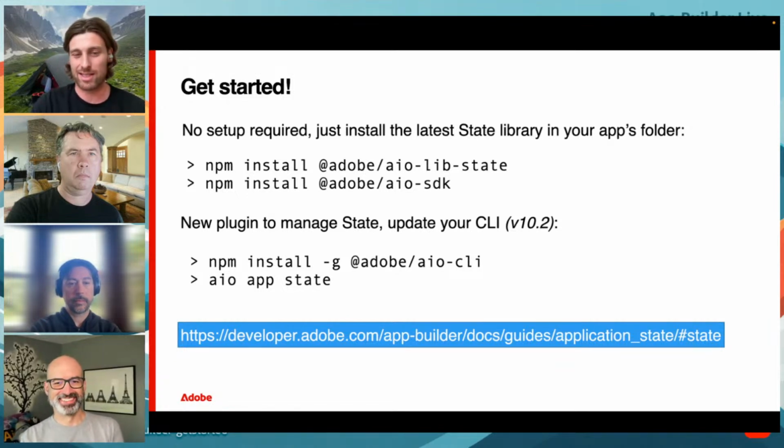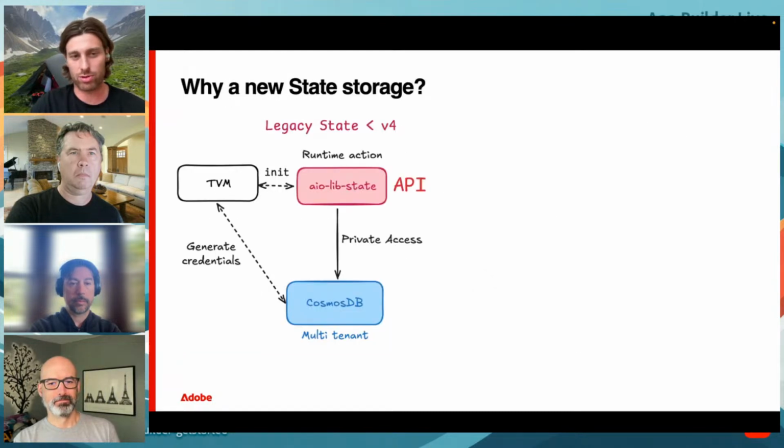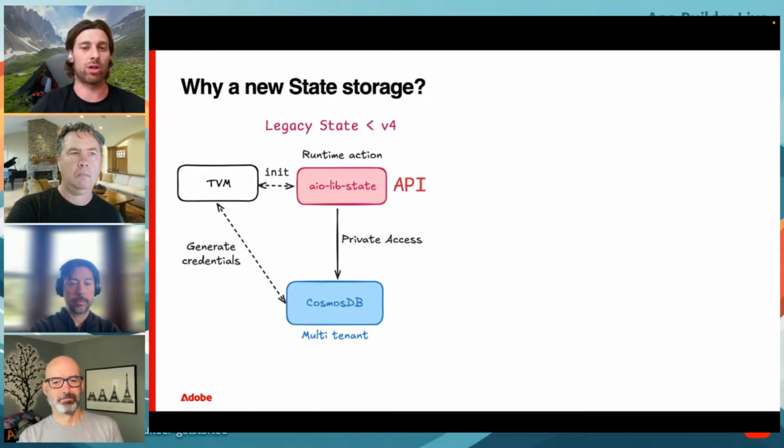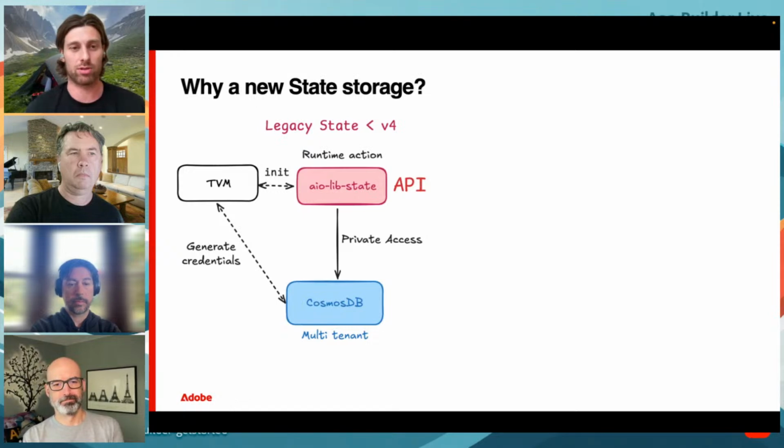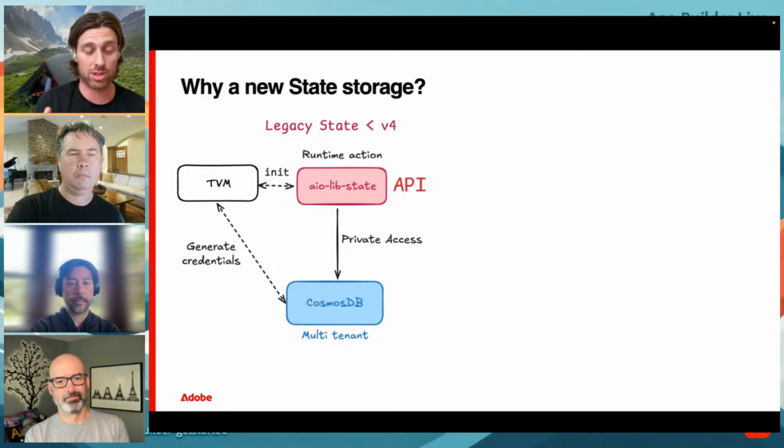Yeah, no worries. So before I jump into the demo or go into new features, I just wanted to show you why we're going into a new system. With legacy state, or the older versions of state, the architecture was relying on the token vending machine service. This is the same service that we are also using for files and CDN.